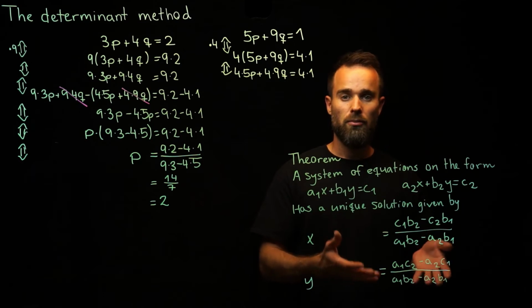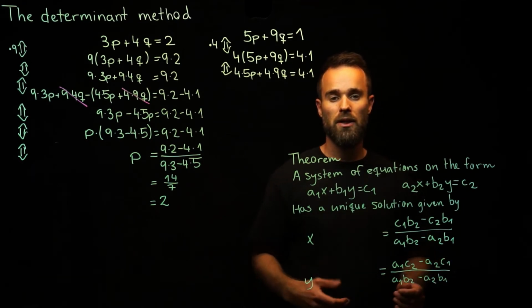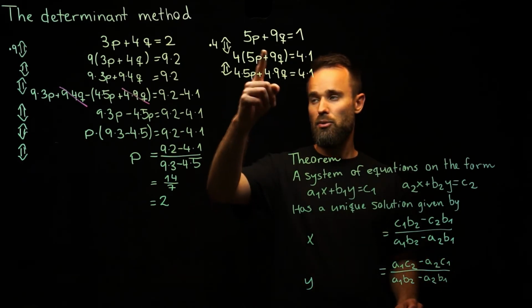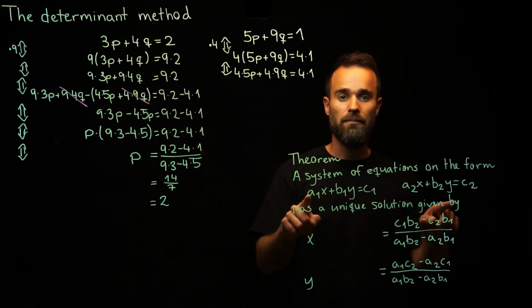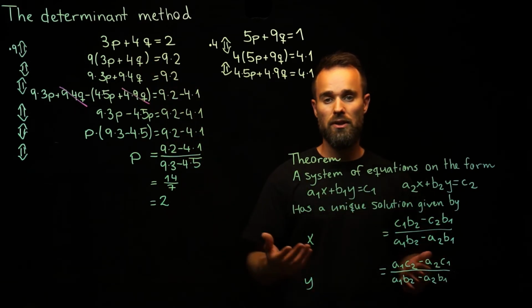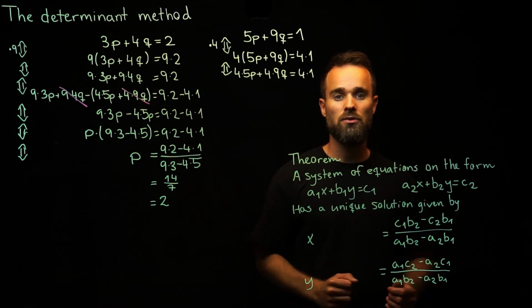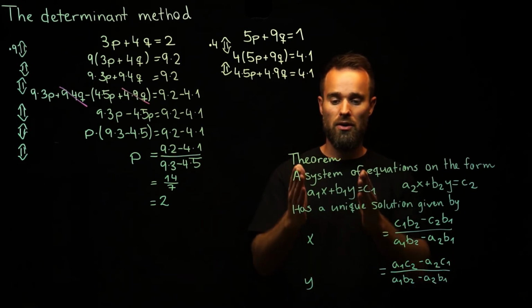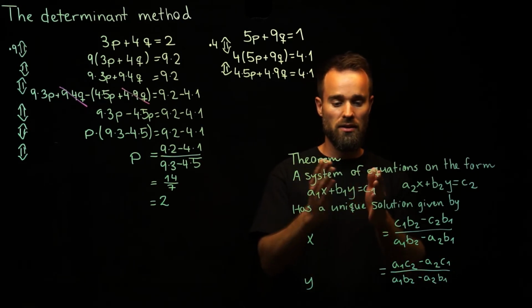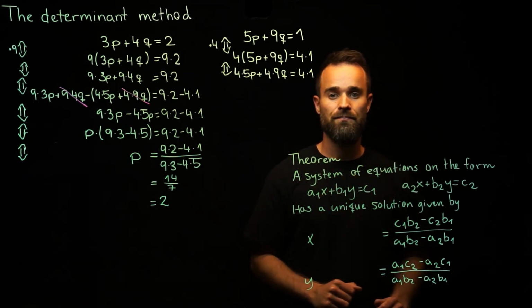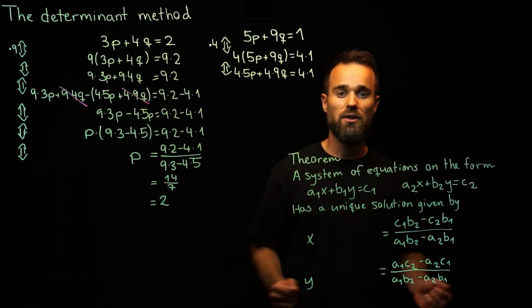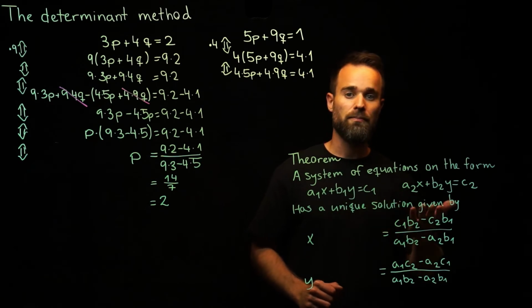We can use the formula to find Q because the system of equations in the problem is on this form. That is, two linear equations with two unknowns where the variables are on one side of the equation and the constants on the other. The examples in this video have actually all been on this form.